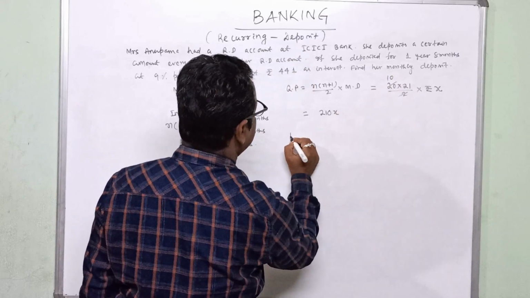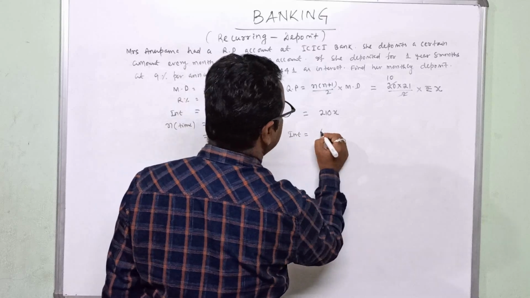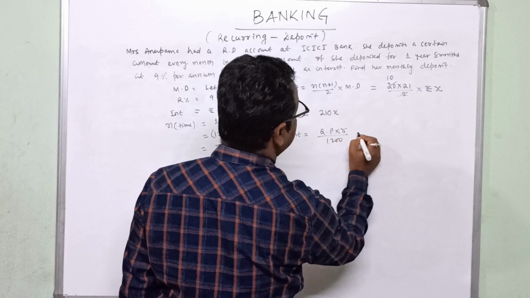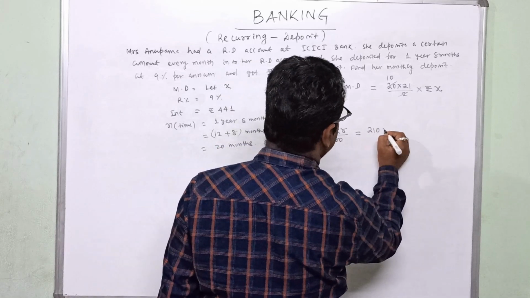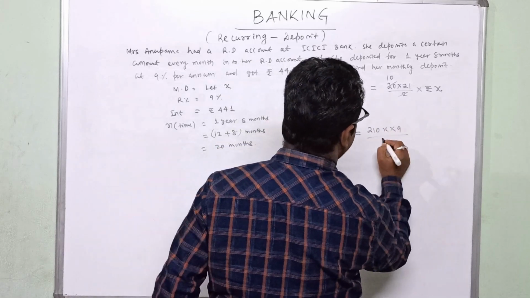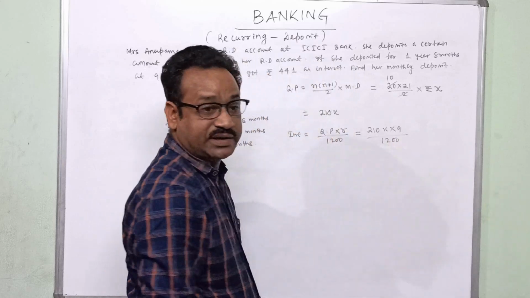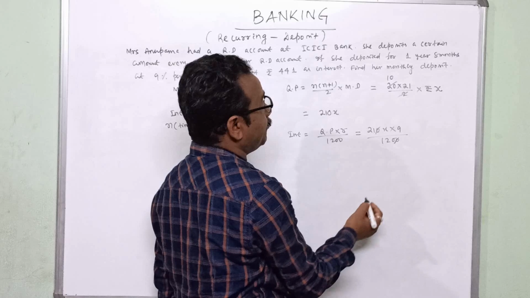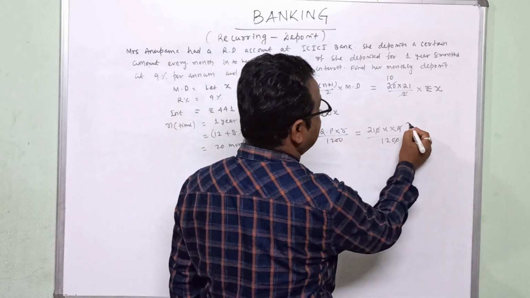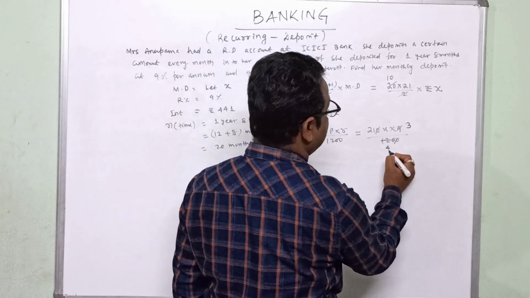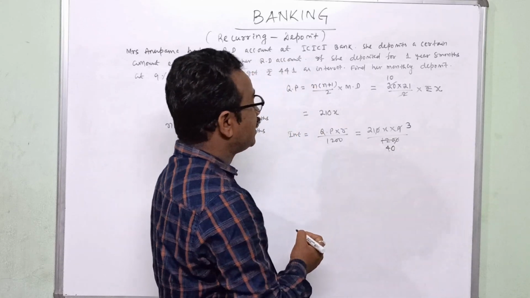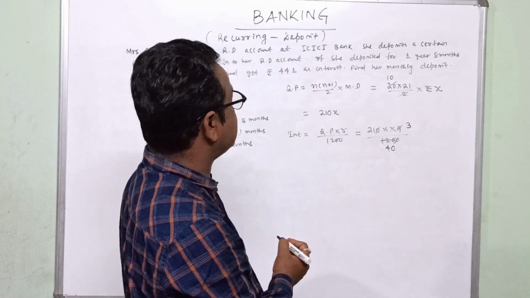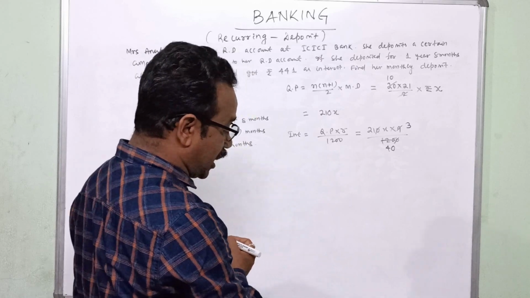that we are getting 210x. Now interest is equal to QP into R by 1200, that is equal to 210x into 9 by 1200. Now we'll cut 0, 0. Now cutting it by 3, 3 comes 40.